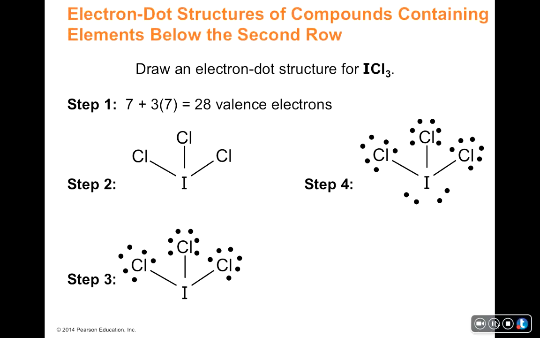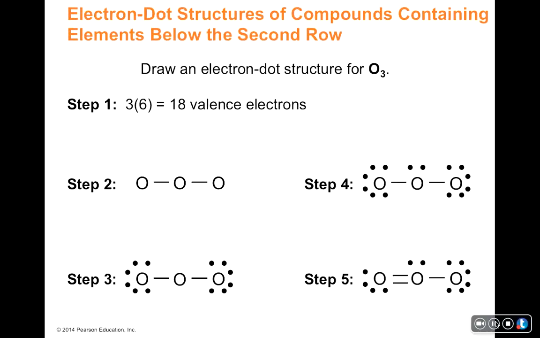Iodine is also in group 7, so you can see the 2 lone pairs, so that's 4, and then 1 in each of those bonding pairs makes 7. So again, this structure obeys the valency for all these atoms, and it's okay for iodine to have more than 8 around it because it's one of those higher atomic number elements.